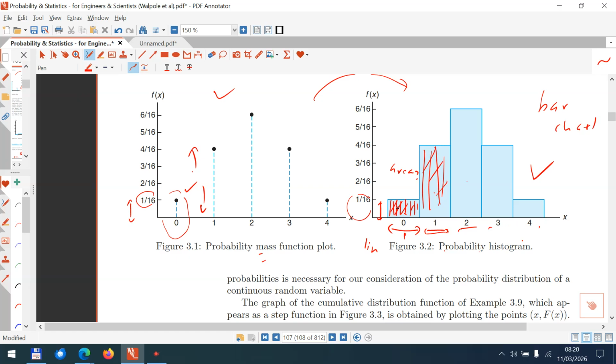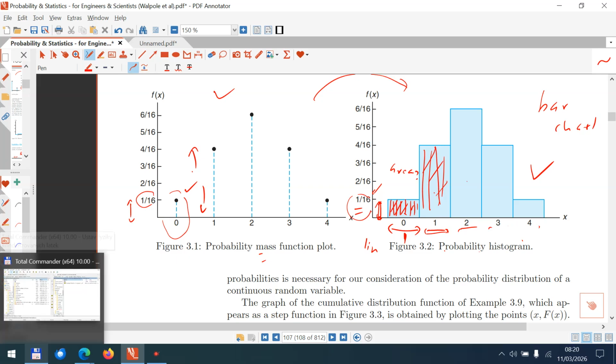But what I want you to see is that the interpretation has changed. The height was equal to the area only when this width was 1. When this is not 1, height cannot be interpreted as a probability anymore. You see the point? So height must be given a different meaning. So this small f, we can no longer call it probability.